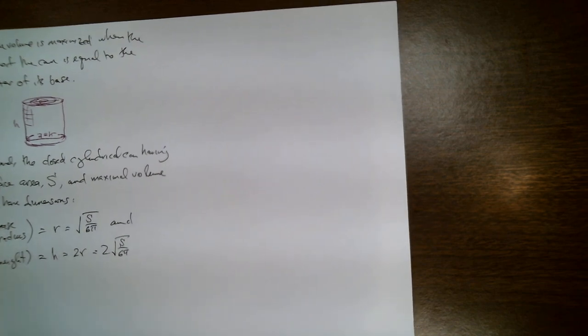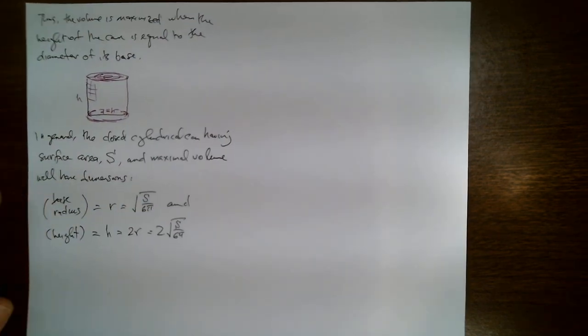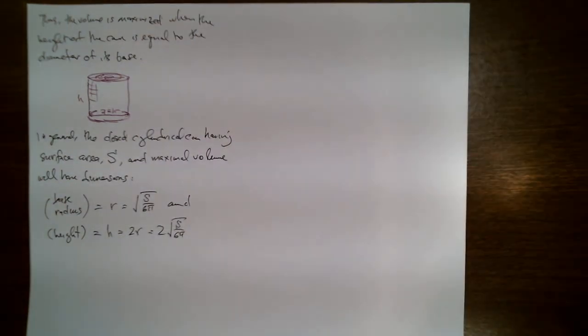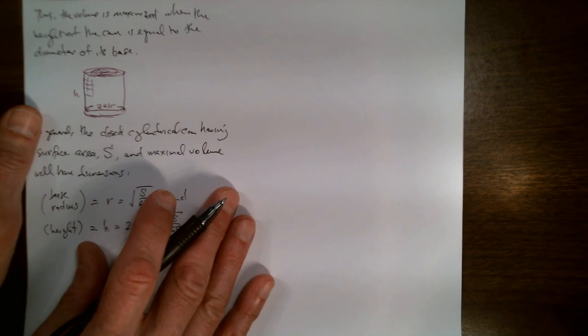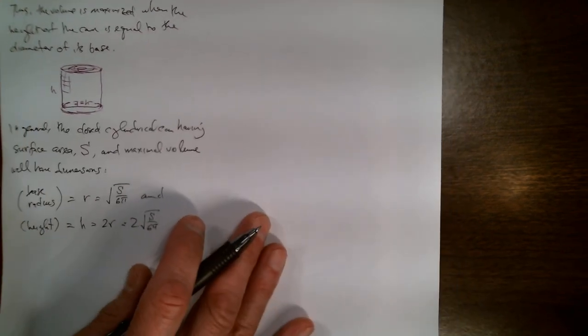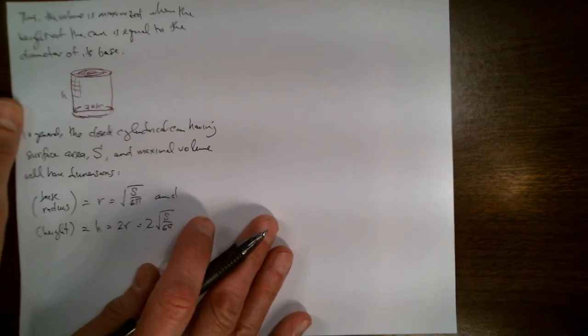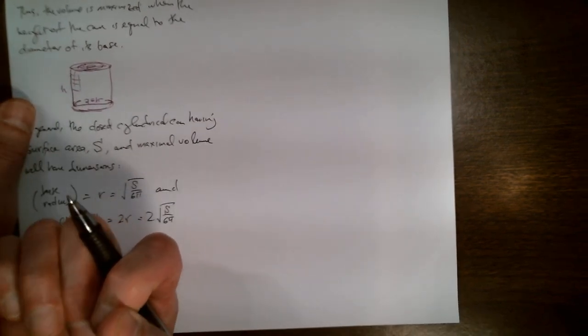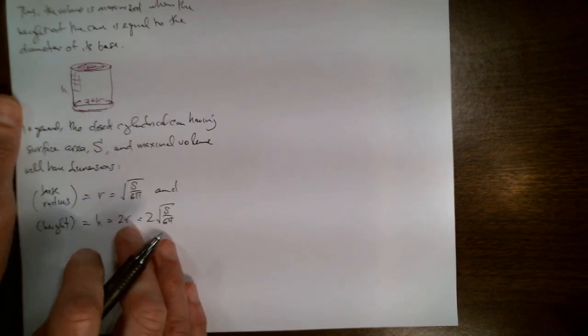So that was one problem we could solve for maximizing the volume of the closed top cylindrical can. You might wonder, what would happen if we solved the problem of optimizing the volume of an open top cylindrical can?